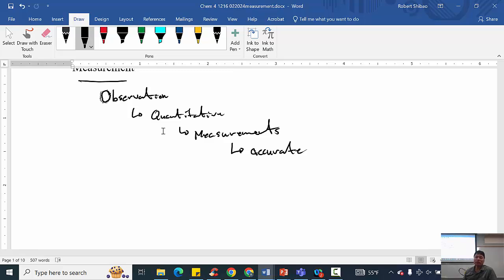And so the closer you are to the 5-inch mark, the more accurate you would be. But accuracy depends on a number of things. And so this is how close the measurement is to the true value. So accurate: how close to the true value the measurement is.